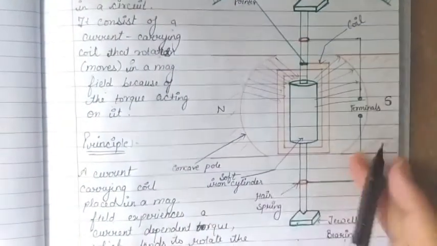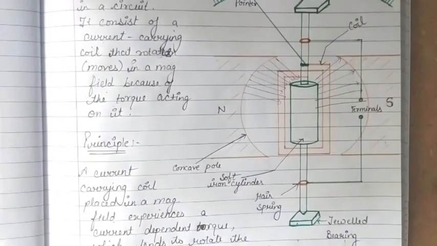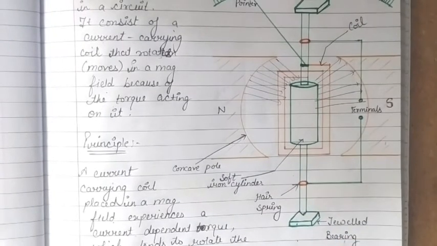As we can see here, we place this coil symmetrically between the two poles, north and south, of the magnet.